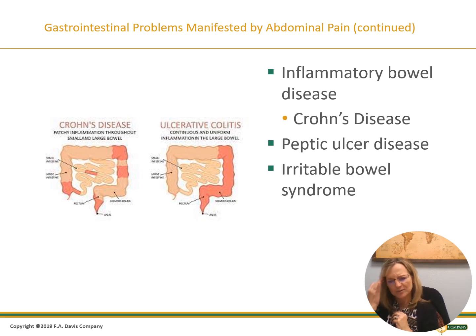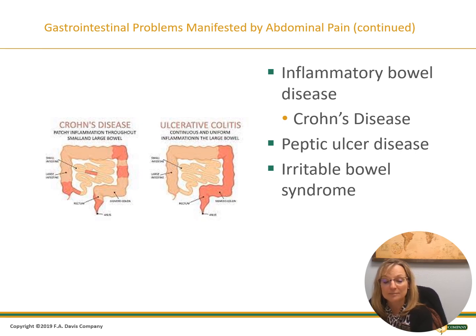I didn't talk too much about peptic ulcer disease. Remember that gastric ulcers are inside the stomach. Duodenal ulcers are on the upper portion of the small intestine. Most often, you're going to see kiddos with that either because they've had a long-term infection of H. pylori or long-term use of aspirin or other NSAIDs like ibuprofen or naproxen.